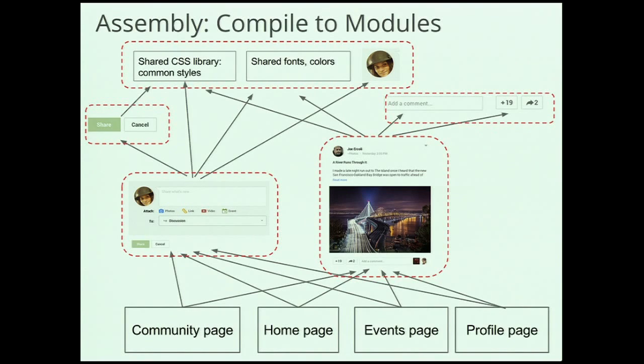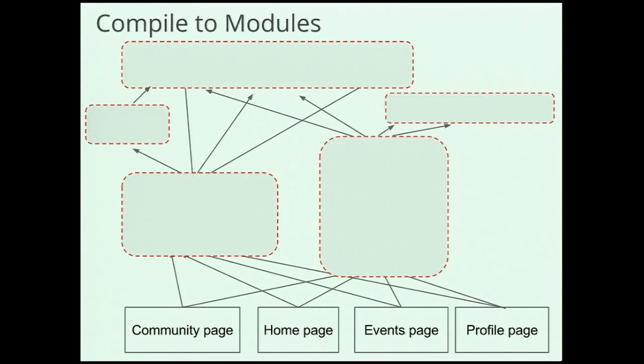So now we move on to our assembly and serving system. I've already touched on how a dependency graph gets flattened to a cascade. And here, the only additional thing is that we also identify modules. So you're identifying granular units of modules in this graph. And then you compile the CSS to these modules.